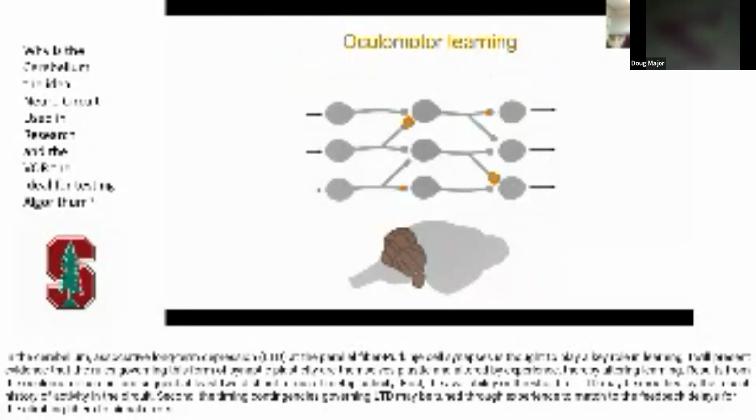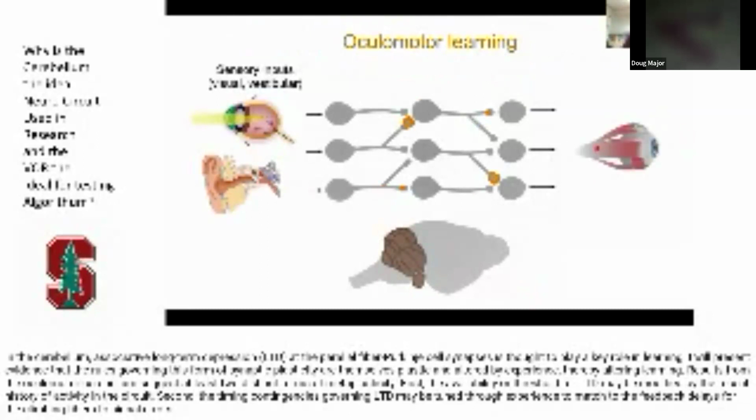We study oculomotor learning, so that's how visual and vestibular inputs drive eye movements, how the cerebellum contributes to the commands for eye movements, and how cerebellum-dependent learning can alter the eye movement response to a sensory input, a visual or vestibular input. And then we leverage the simplicity of the circuit and the behavioral system to try to connect the dots between what's happening at the synaptic level, at the circuit level, and at the behavioral level during learning.